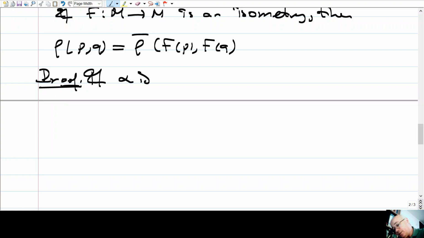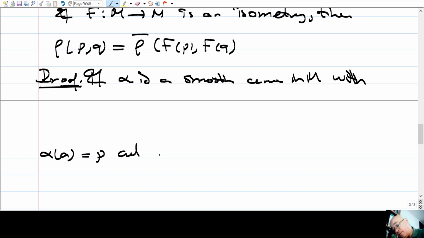If alpha is a smooth curve in M with alpha of A equal to P and alpha of B equal to Q, then the length of alpha is what?